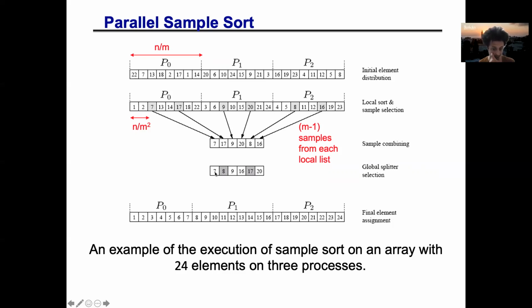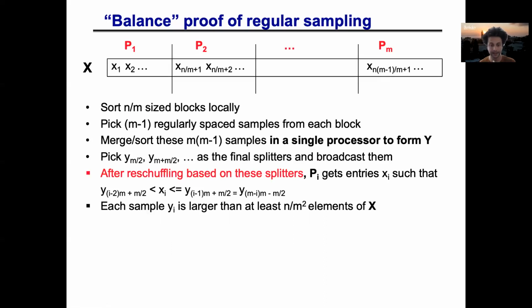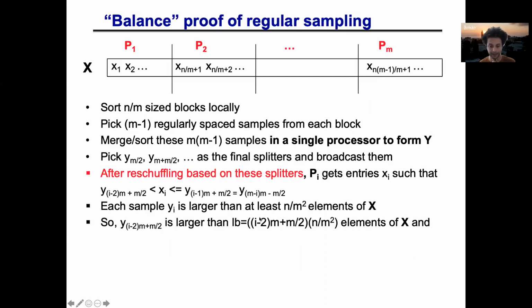I am larger than the elements that come before me, and each one of the elements that come before me is larger than some n over m squared elements, and there is no overlap. These are distinct elements that each of these samples is larger than. By that definition, I can simply multiply them, and this multiplication is going to be useful in a second.